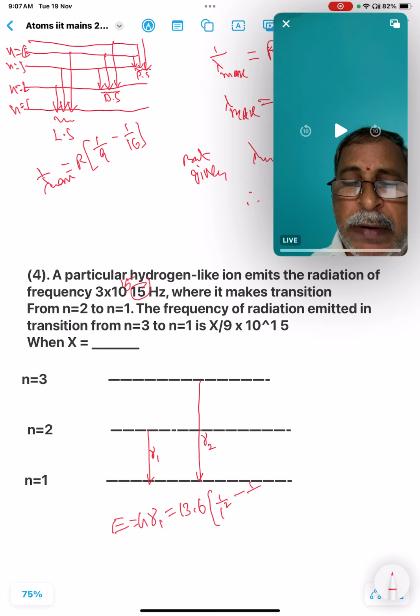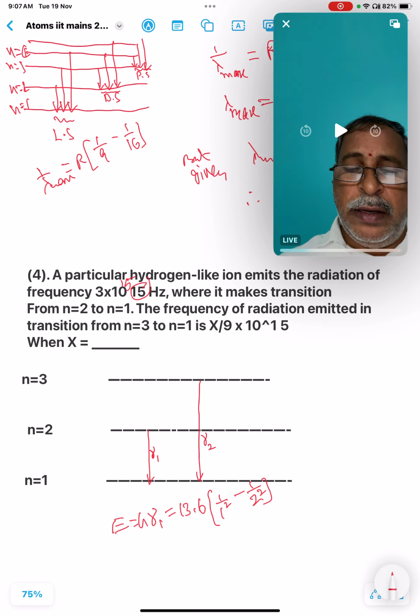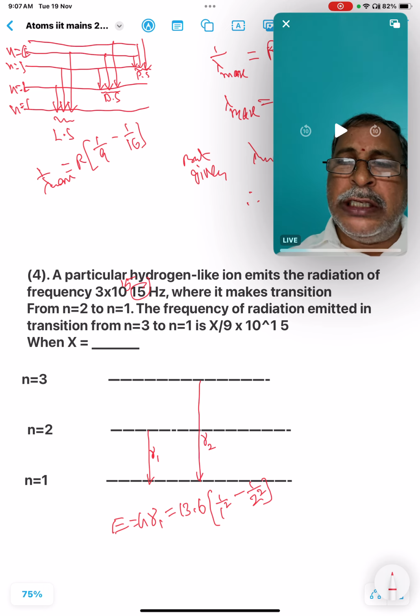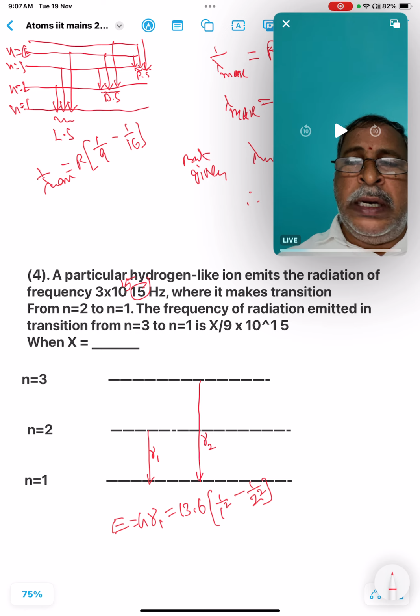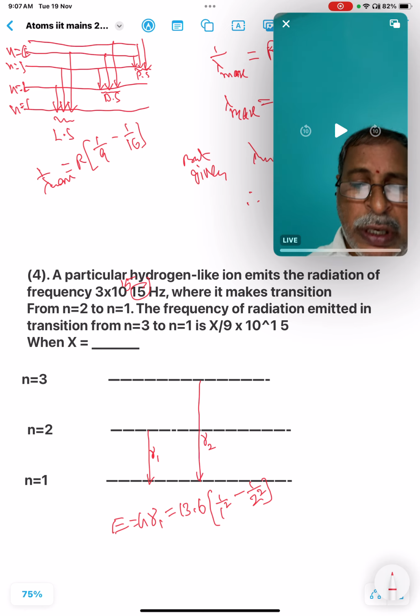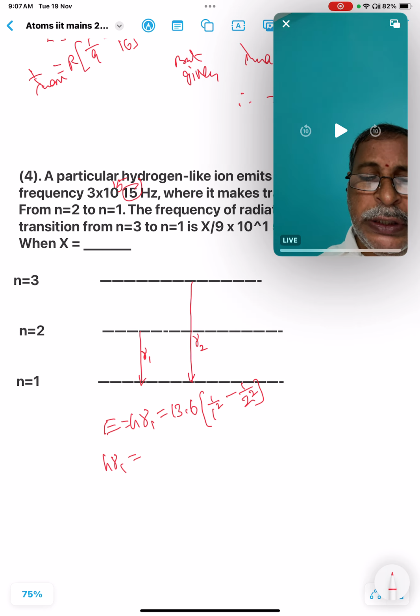All these concepts you can discuss in chemistry also. So h nu 1 is equal to 13.6 into 3 by 4, equation number 1.